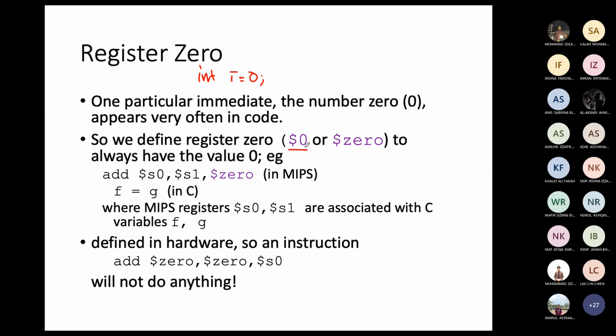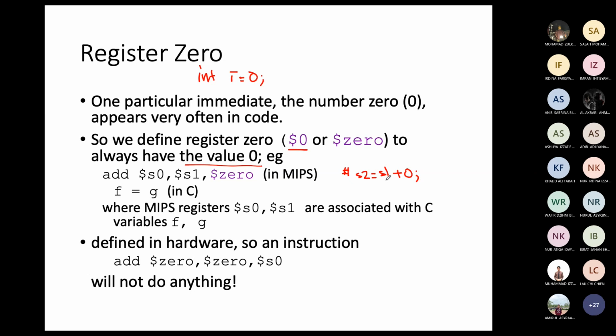When they created this register, its function is that it always has the value 0. For example, ADD $S0, $S1, and then $0 here. This is in MIPS. When you add, basically it is S1 plus 0 equal to S2.